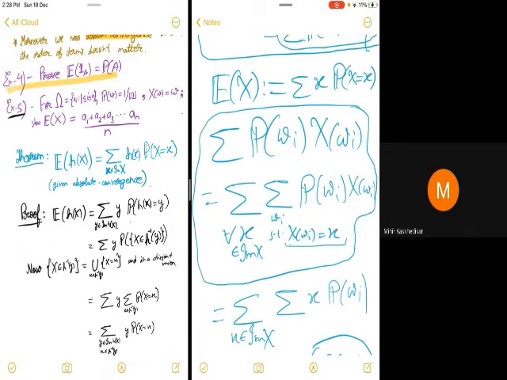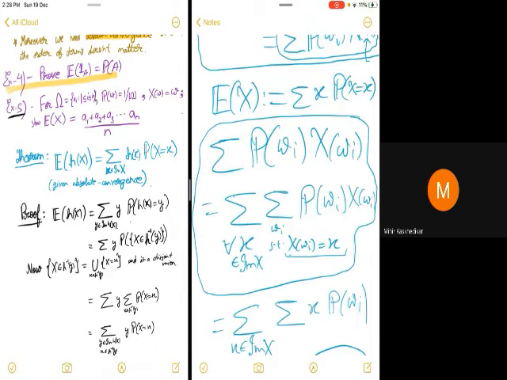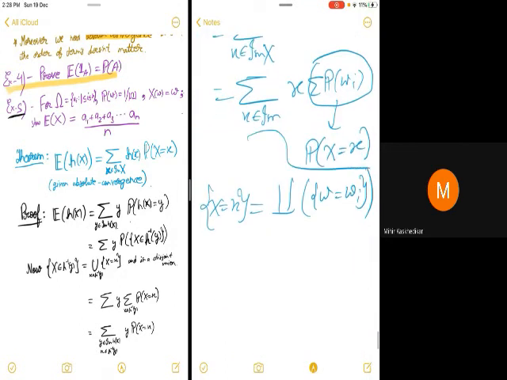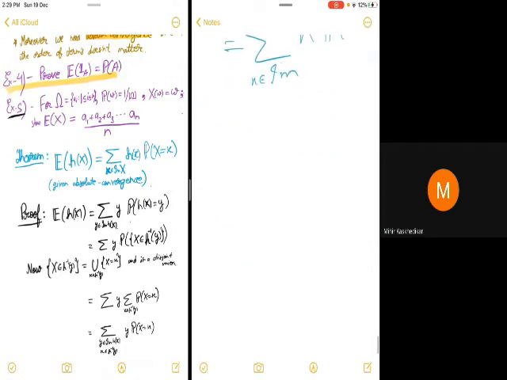Yes. So now we have proved that this will be equal to this, which is equal to the sum of x times the probability that X is x. So we have proved this lemma, and this is good for intuition.